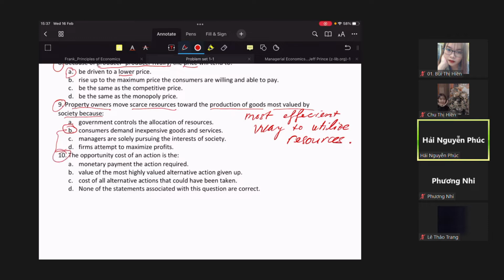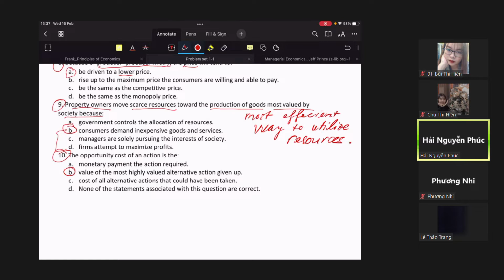Now the last one, question number 10. The opportunity cost of an action is, right? B. Is B, right?